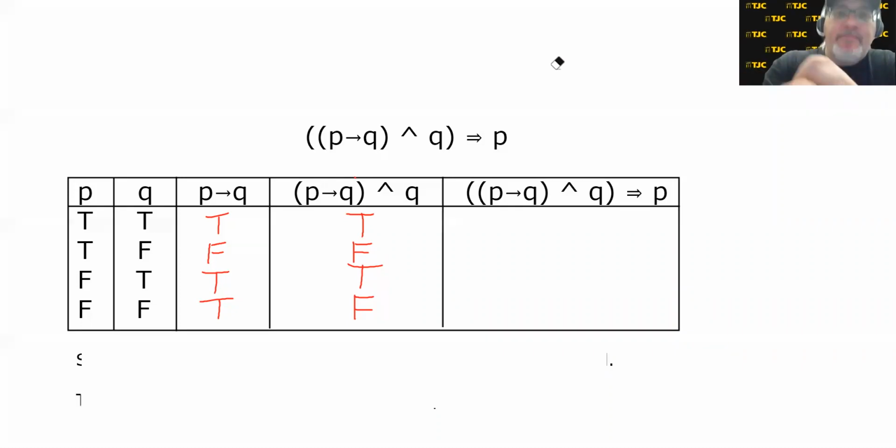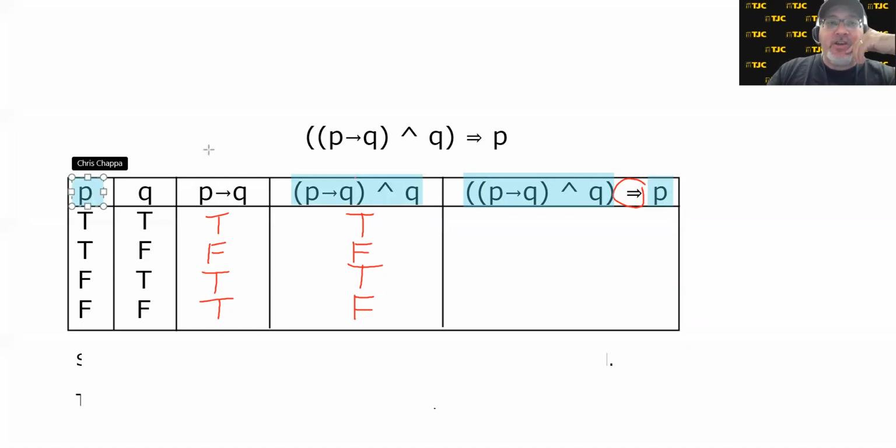The last column is the implication, which again is just a conditional, so it follows the same rule. It's false when T points to F. On this one, I am going to cover some things up because the two columns that we need to refer to on the left of the implication is all of this, which is the column we just did. But on the right is just statement P, which is clear over here.